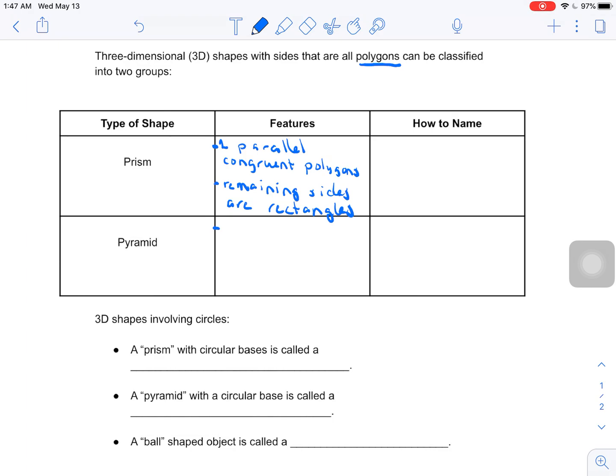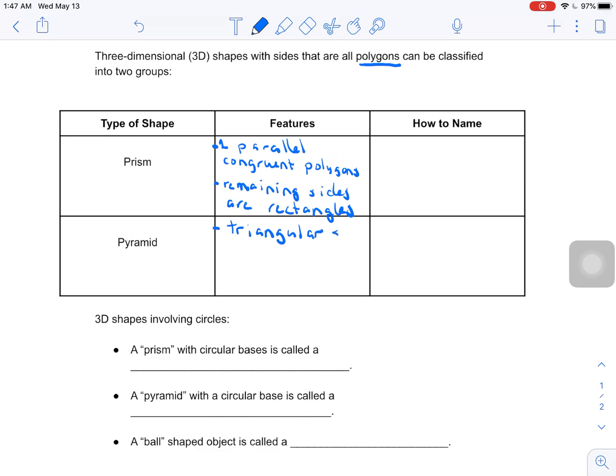So an Egyptian pyramid is a mathematical pyramid shape. So the difference between a prism and a pyramid is that a pyramid has a point on it. A pyramid is always going to have triangular sides that meet at a point. So that's a big feature of a pyramid that a prism doesn't do.